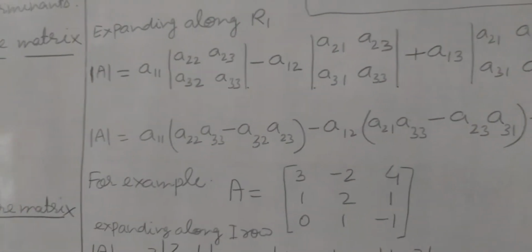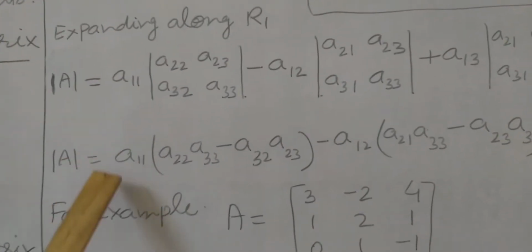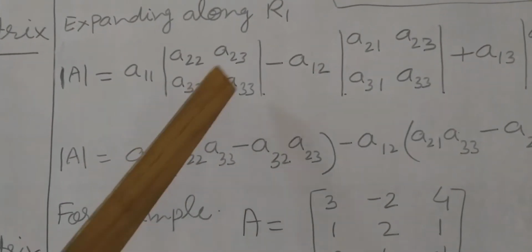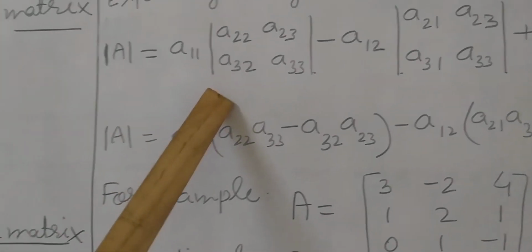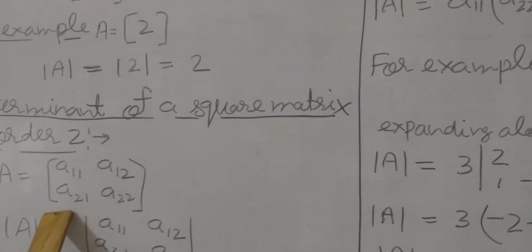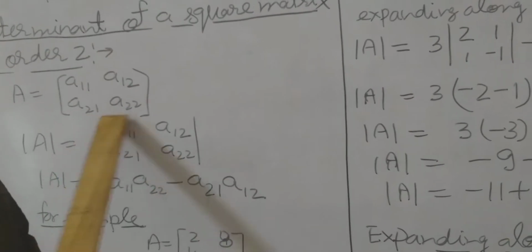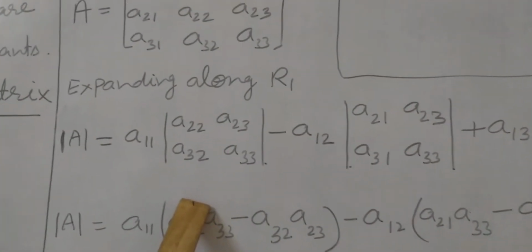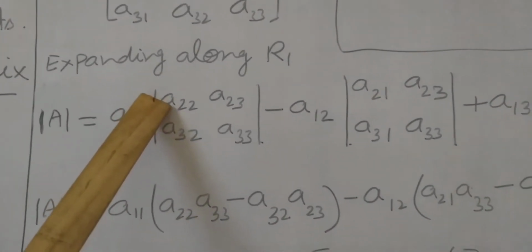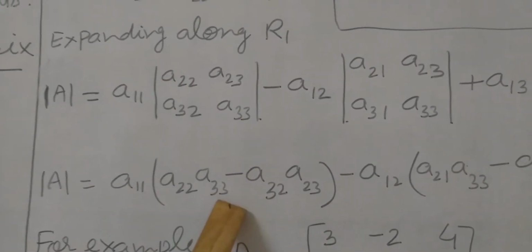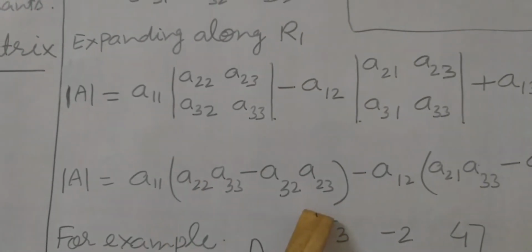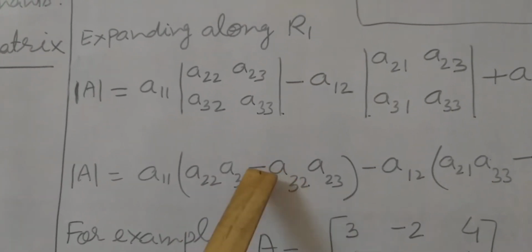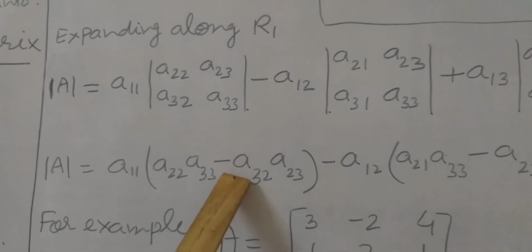Now student, we have to do calculation. A11 will be written as it is. And this determinant we have to find out as we found here of order 2 by 2. Correct? The same way we have to find its determinant here, student. So A22 multiplied by A33 minus A32 multiplied by A23. As I told you, we have to put minus sign, students.